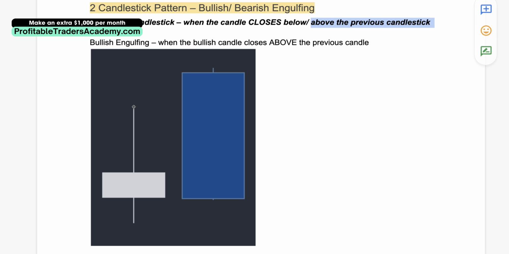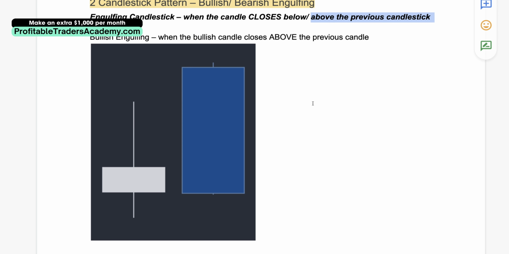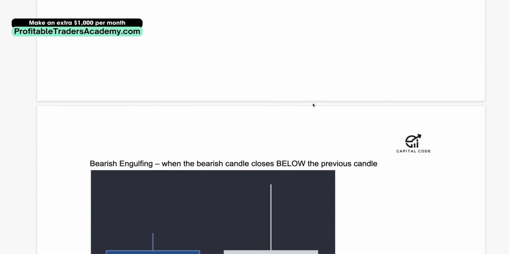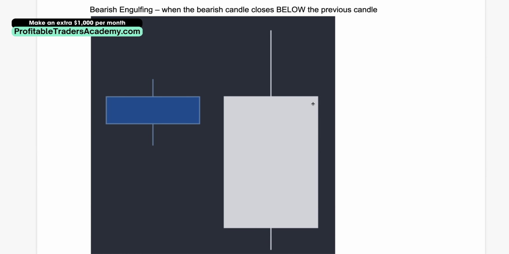This is also known as a high probability engulfing candlestick pattern, because sometimes inside of the market, you may see that this body is above this body, but it may be a medium probability, and I will show you some examples, so don't worry.